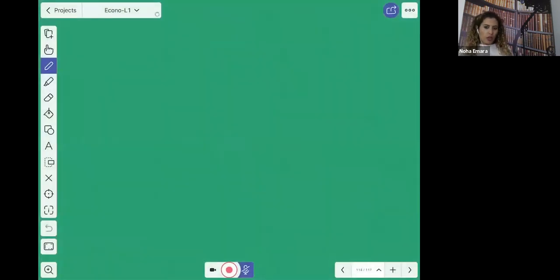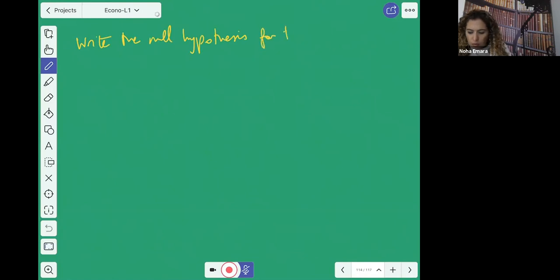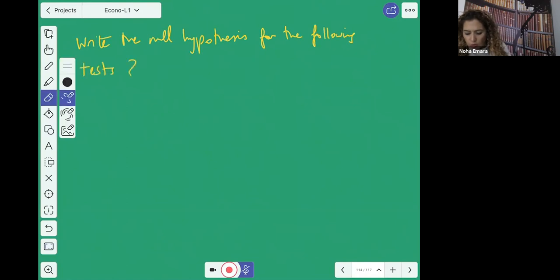Okay, now I can use this regression to answer many questions. And these are the questions that I want you to answer. So write the null hypothesis for the following tests. It's not a question mark, it's just, okay, write the null hypothesis for the following tests.